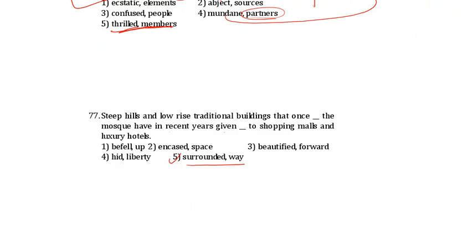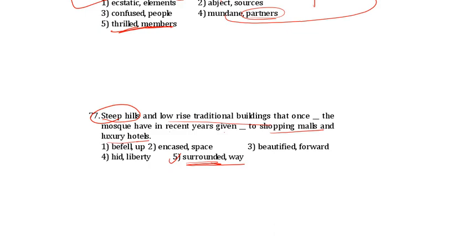So we are talking about what was nearby, surrounding the mosque. So surrounded is correct. That means beside the mosque and before the mosque there were so many steep hills and small buildings. Now all the buildings have collapsed and they have given way to shopping malls and luxury hotels.